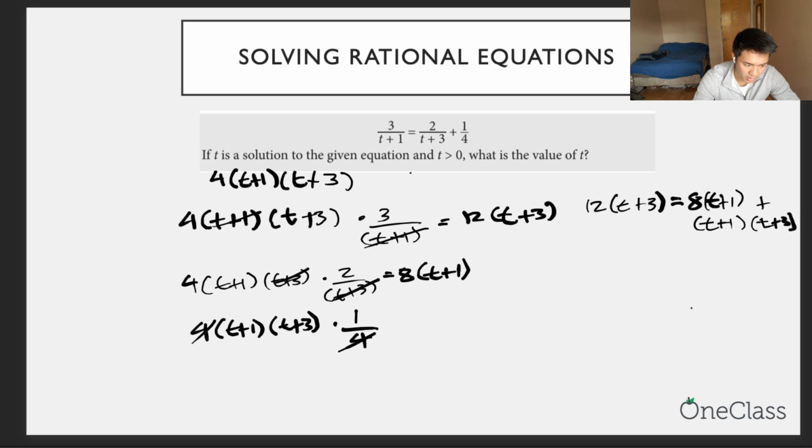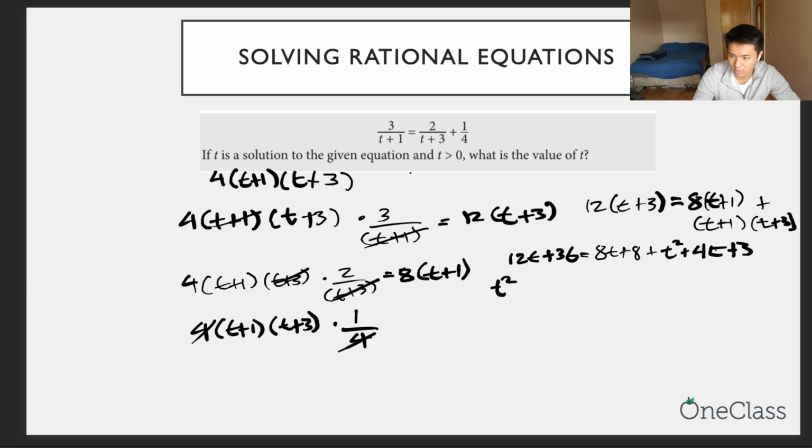And so if we simplify that, we can do 12t plus 36 is equal to 8t plus 8 plus t squared plus 4t plus 3. And then we want to put this all together. We have t squared on one side, so we get t squared.